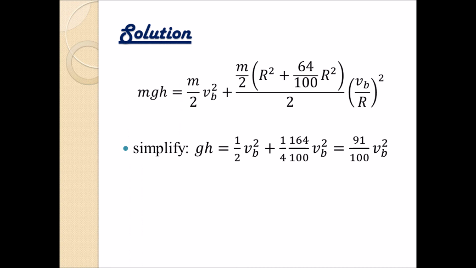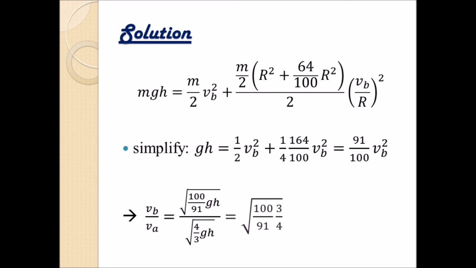So let's divide v_B by v_A, and when you have a look, you can see that it can be simplified, and what we get in the end, if we do it properly, is that v_B divided by v_A is the square root of 100 divided by 91 multiplied with 3 divided by 4.